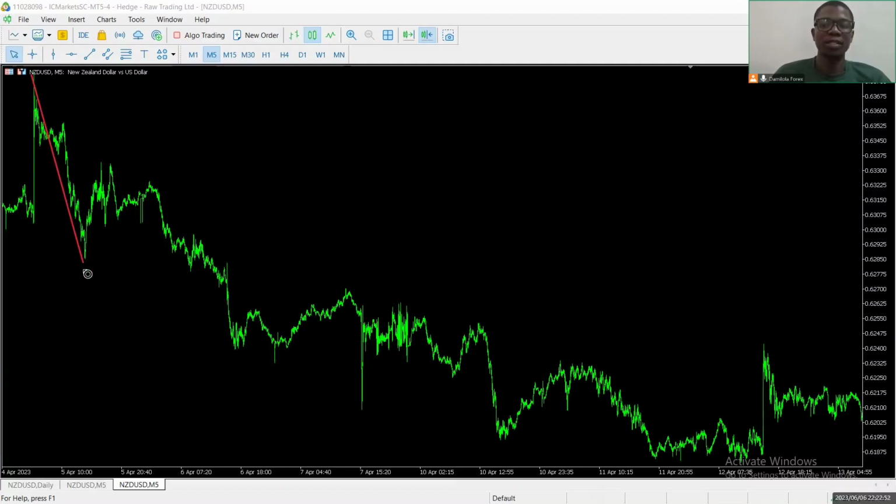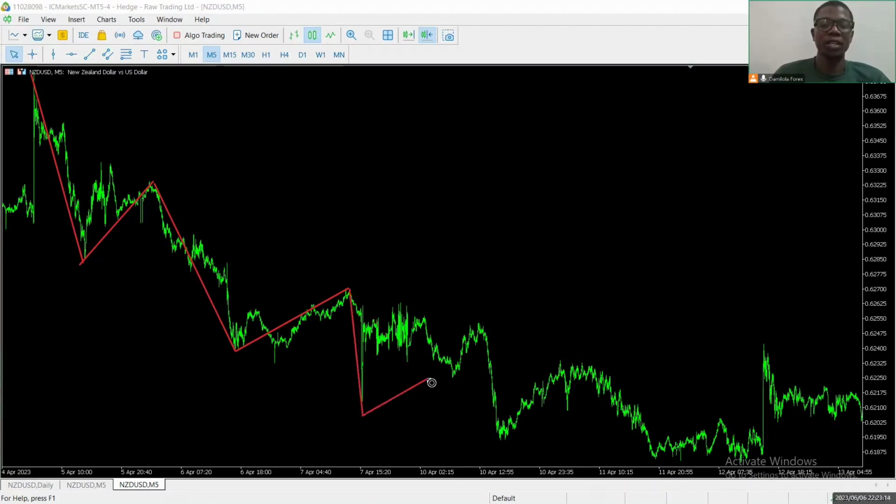That is the high, this is the low. Prices came to this point, made a lower high. This is a high that is lower than the previous high. At this point, prices made a low that is lower than the previous low. At this point, prices made another lower high, a high lower than the previous, and at this point, prices made a lower low. Yes, right at this point, this is the lower low here.